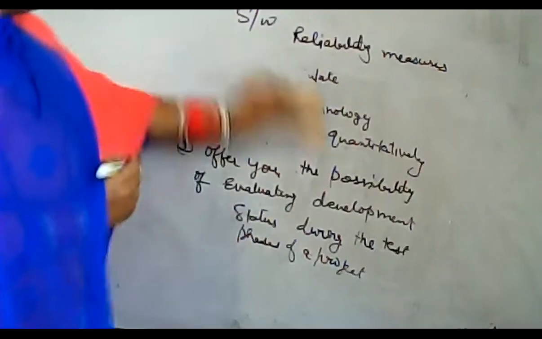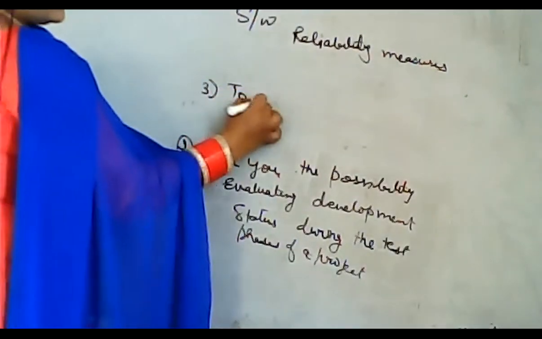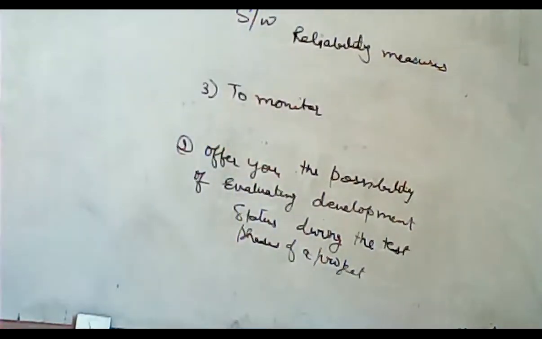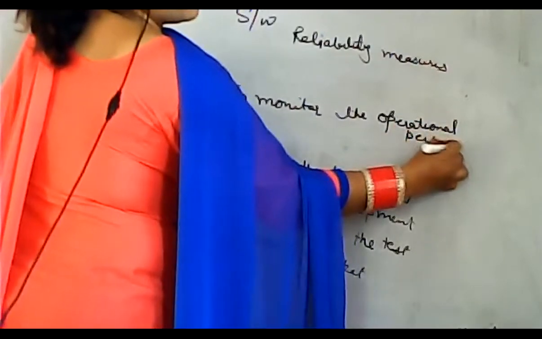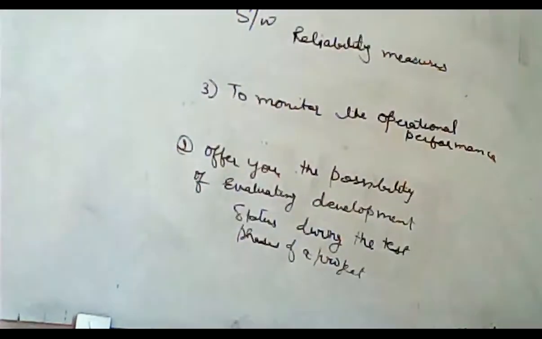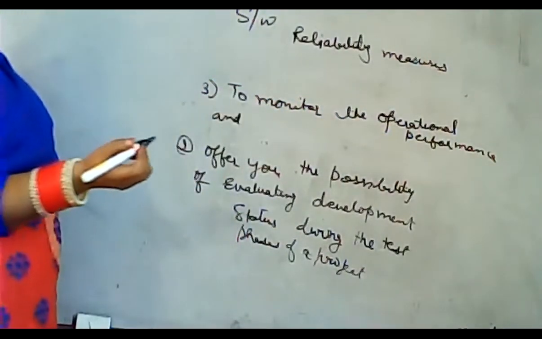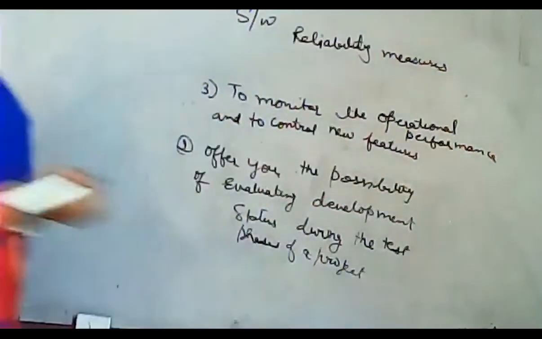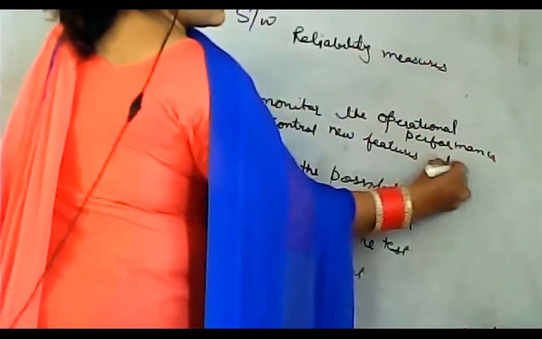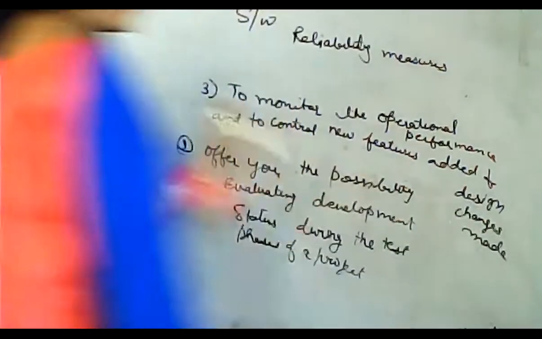So the third use of software reliability measure is to monitor the operational performance of software and to control new features added and design changes made.